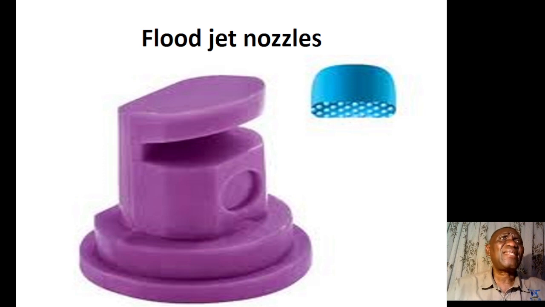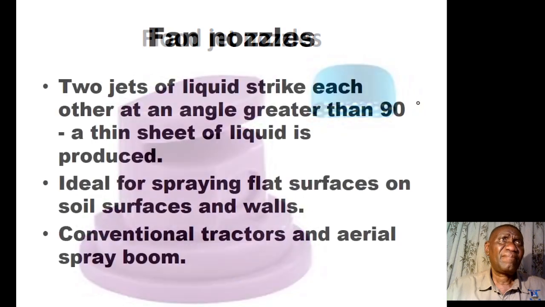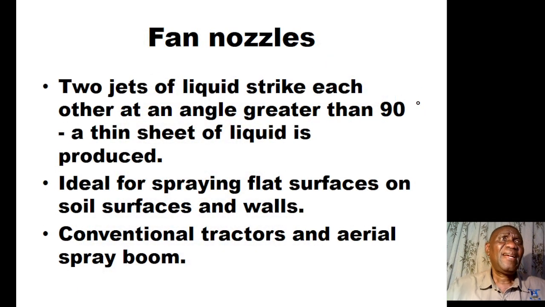So this is what a flat jet nozzle looks like, and we use this nozzle for applying herbicides. That blue part there is the filter. The other nozzles which are common are known as fan nozzles.